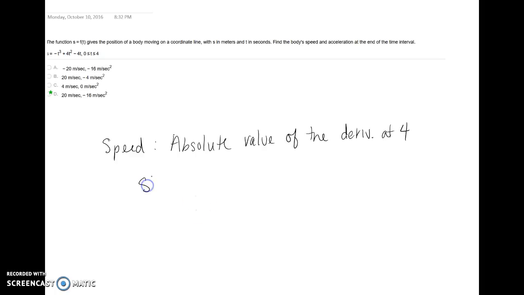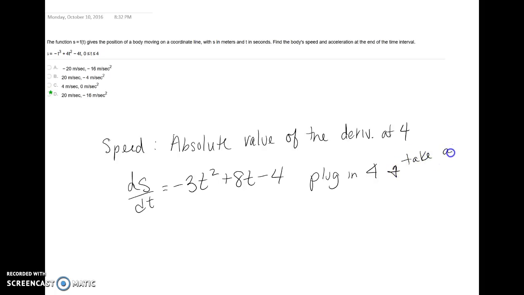So our derivative, ds/dt, is equal to negative 3t squared plus 8t minus 4. So you would plug in 4, and speed is always positive, so take the absolute value, just make it positive.